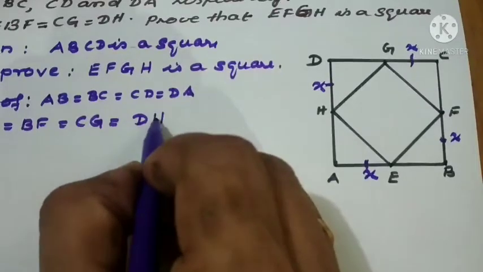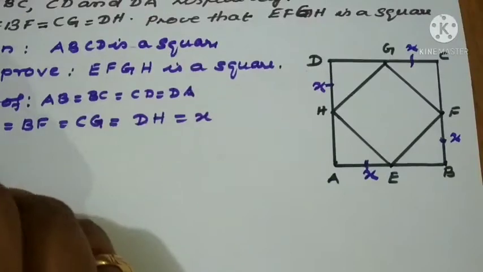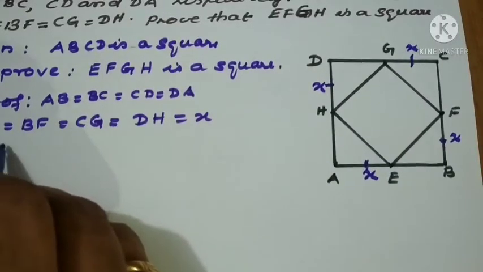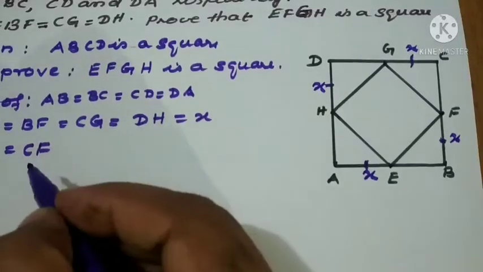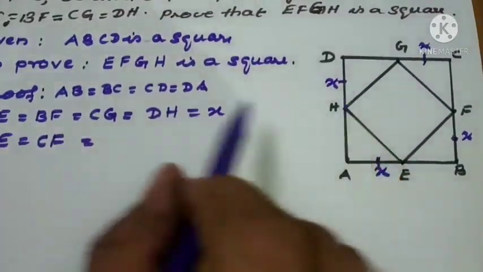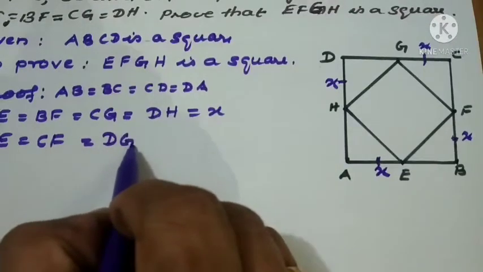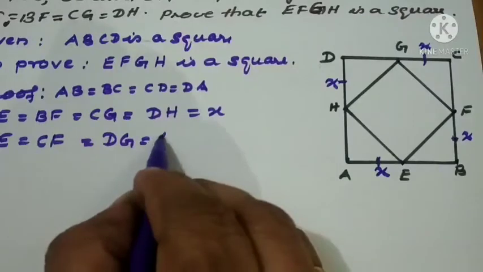Let us take that it is equal to x. Then what is the remaining here? B is there. In BF we have taken, then that side CF is remaining. Next CG is taken, then what is remaining in the side is DG, and similarly DH is taken, then AH.